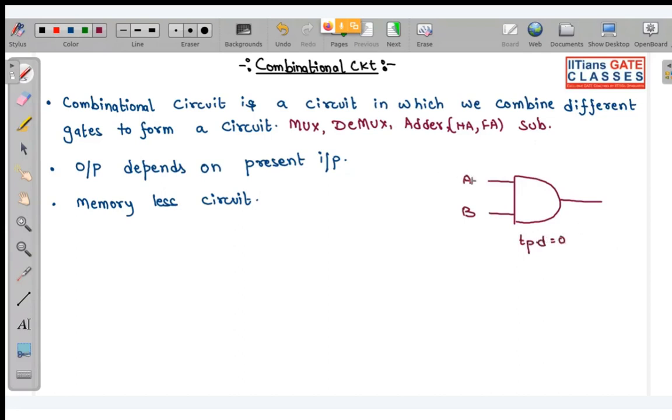If I apply inputs A and B, A can be 0 and B can be 1, at t equal to 0, then immediately my output will also be 0 at t equal to 0. Now assume at t equal to 1 second, I apply both the inputs as 1. Immediately at t equal to 1 second, your output will jump from 0 to 1.